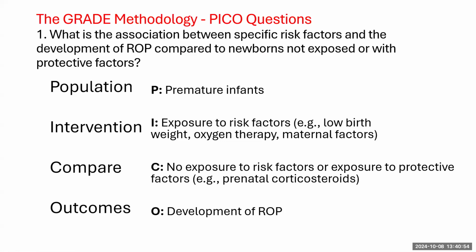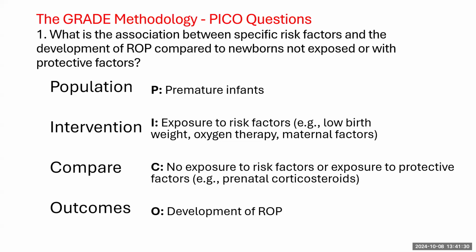I just want to talk about how the guidelines are done. The first thing that you have to do when developing a guideline is to develop the questions. And of course, the first question is, what is the association between specific risk factors and the development of ROP compared to newborns not exposed or with protective factors? What I mean by that is, you have to have a population, which in this case is premature infants.